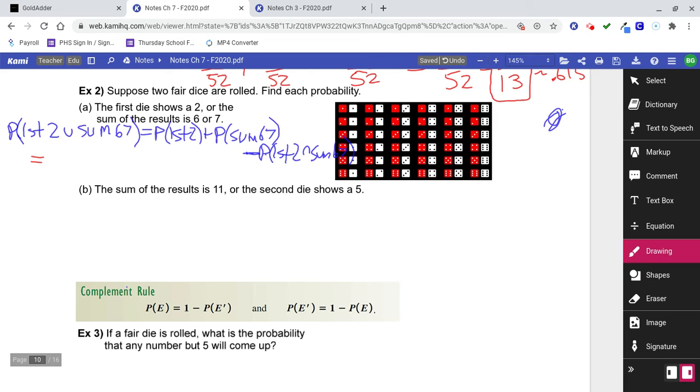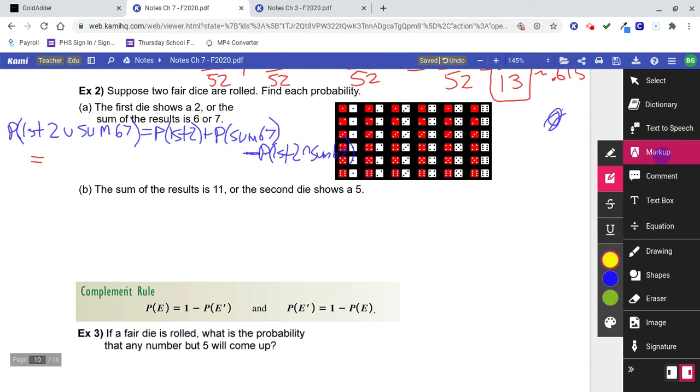So the probability that the first one is 2, I've got that little image there of all the different ways you could roll dice. Okay, so if you look at the first one being 2, let's do this. That'd be like this entire row right there.